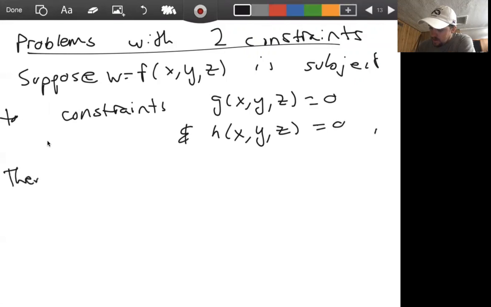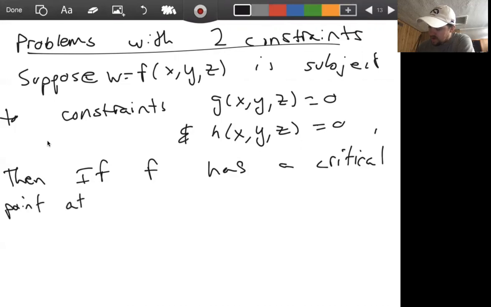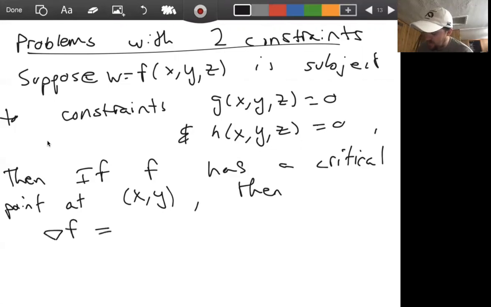Then if f has a critical point at, let's just say x, y, z, then we have the following for the method of Lagrange multipliers. We have that the gradient of f is equal to lambda times the gradient of g plus mu times the gradient of h.